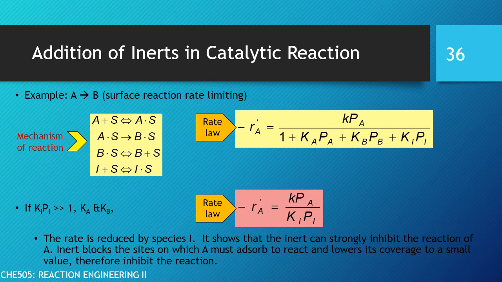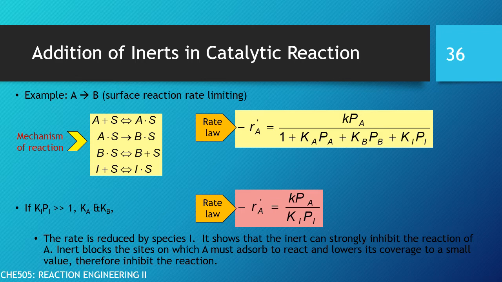The first step is the adsorption reaction. Then the second step: A·S, irreversible, produces B·S. So the second step is the surface reaction step. Then the next step, B·S, the desorption reaction, via a reversible reaction produces B plus S.